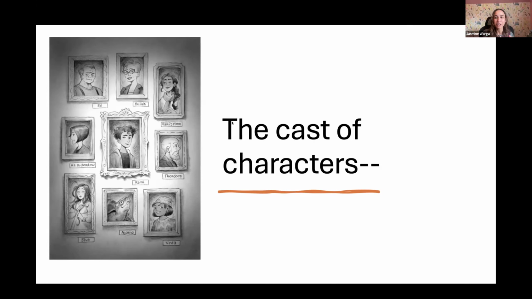So we have our main character, Rami, and we have his mother, who works on the cleaning staff of the museum, but is also an artist in her own right. There's Dr. Hale, who is the director of the museum, Ed and Theodore, who are the security guards, and H.F. Bottomtoe, who is our mysterious, obscure artist, who everyone is curious to know more about and tries to figure out what she could possibly know about her painting that has been stolen.